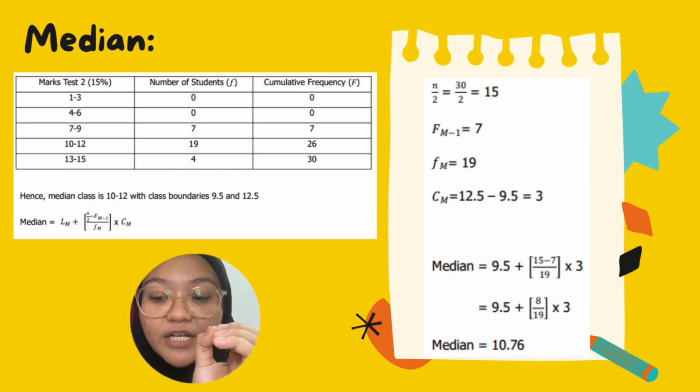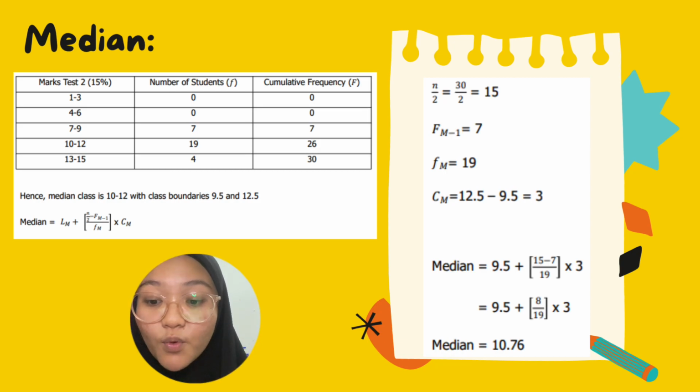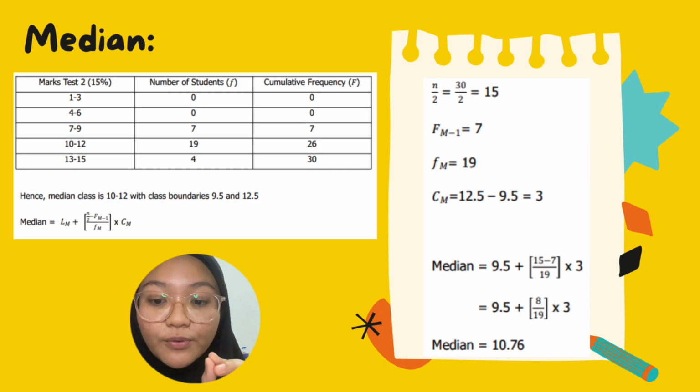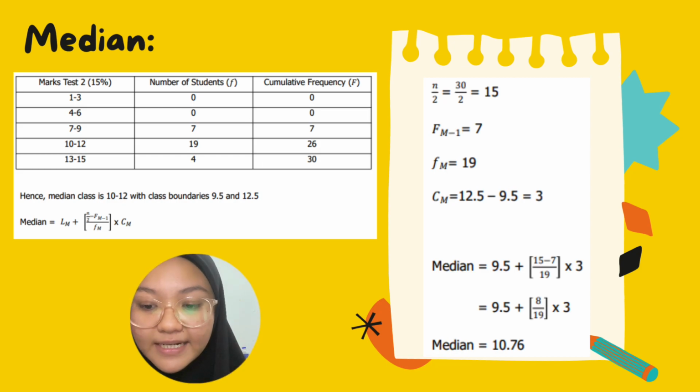We use the median formula, which is Lm, the lowest boundary for the median class, plus in the bracket we have n over 2, n being the total frequency. As we have calculated before, the total frequency is 30 over 2. So we minus it with Fm minus 1, which is the cumulative frequency before the median class, over Fm, which is the frequency of the median class, 19.